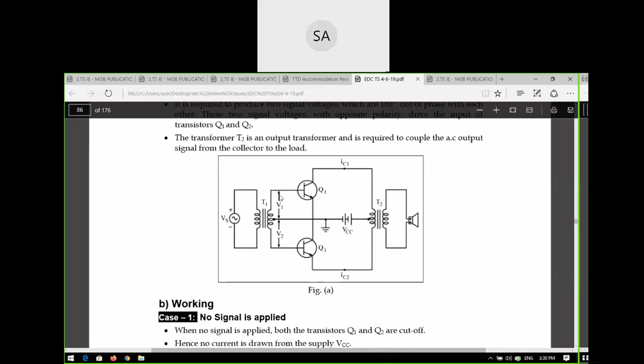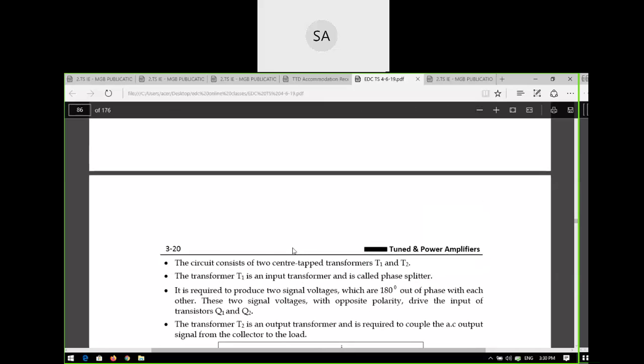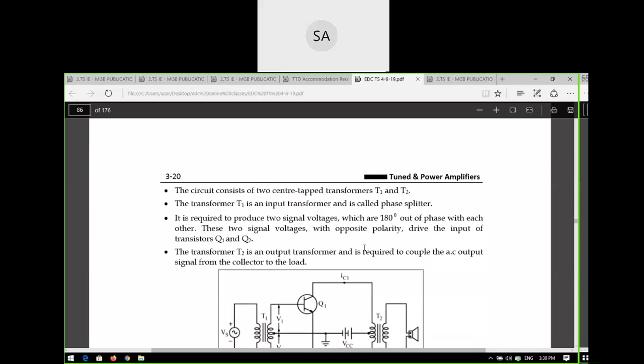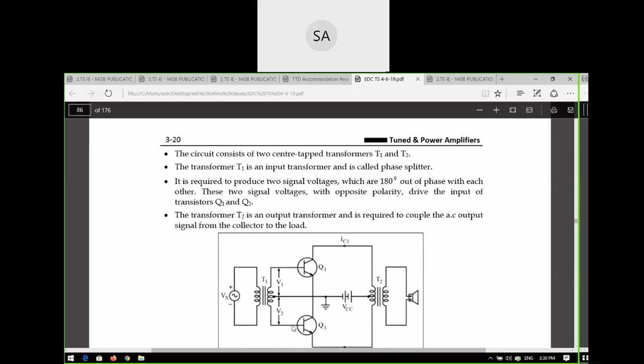On the input side, this is called the input transformer. This is the output transformer. So we have the two center tap transformers T1 and T2. Transformer T1 is the input transformer, also called a phase splitter, and it is required to produce two signal voltages which are 180 degrees out of phase with each other.